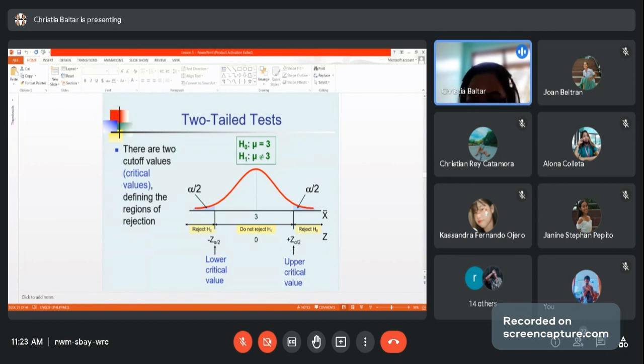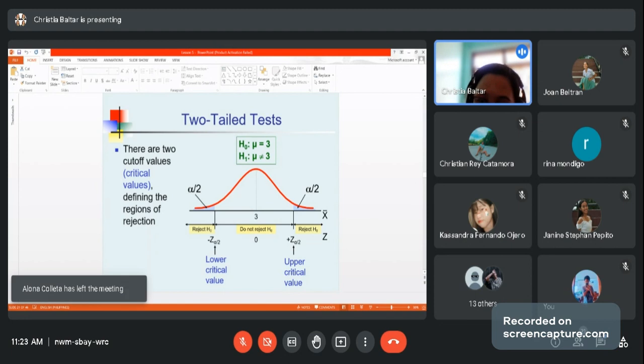With this kind of symbol, where we use not equal for the alternative hypothesis, we have a two-tailed test. But if in the alternative we use greater than or less than, that's a one-tailed test.